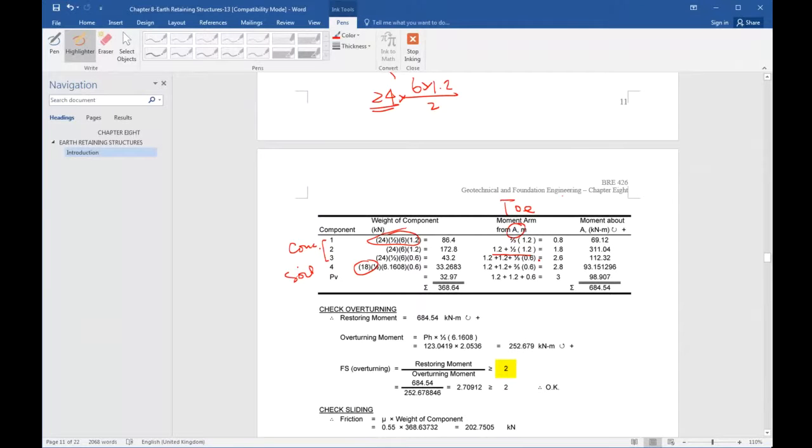So you can work out all these moment arms, and then you multiply these two to give you that. So multiply that by 2.8, give you that. So you add up all these moments. It is the soil, right? So 684.35554 is the stabilizing moment.